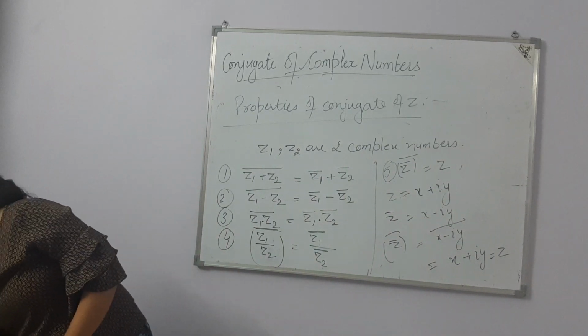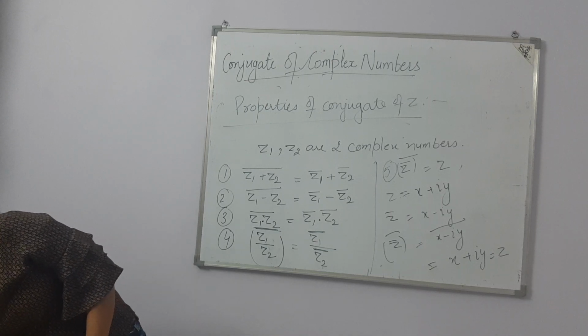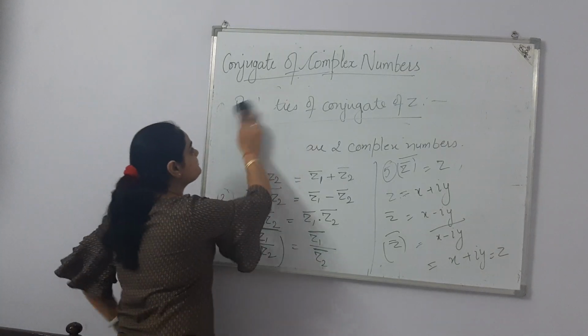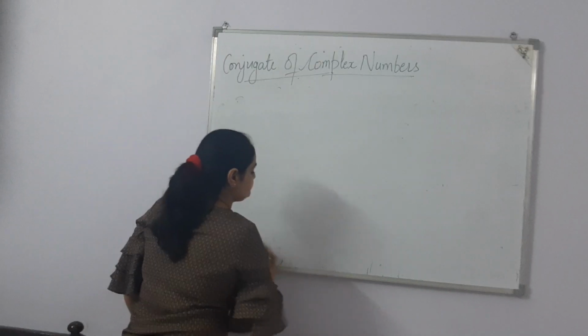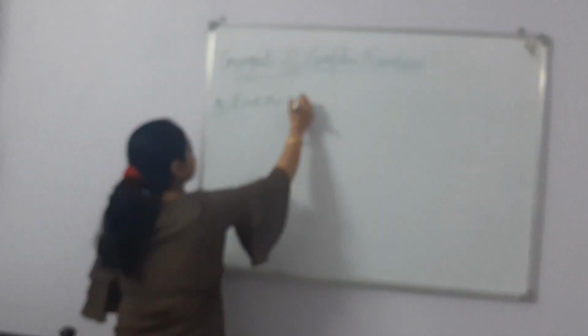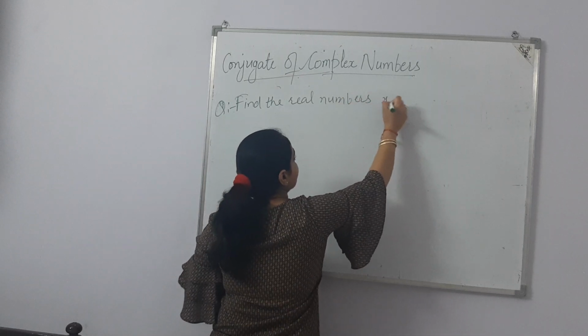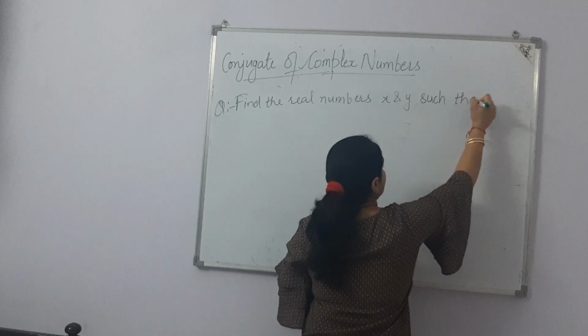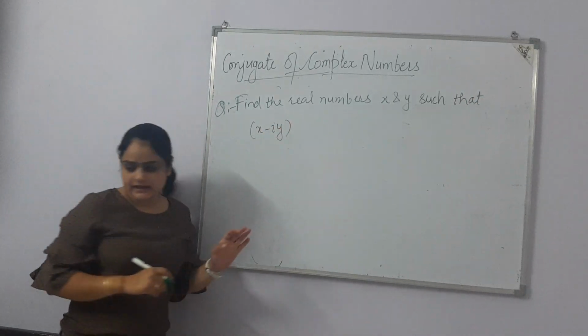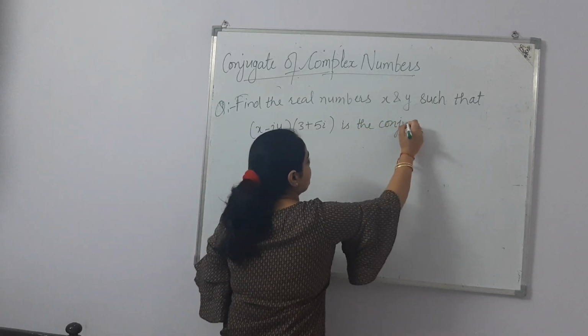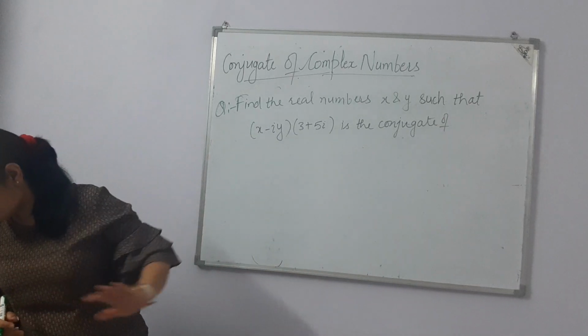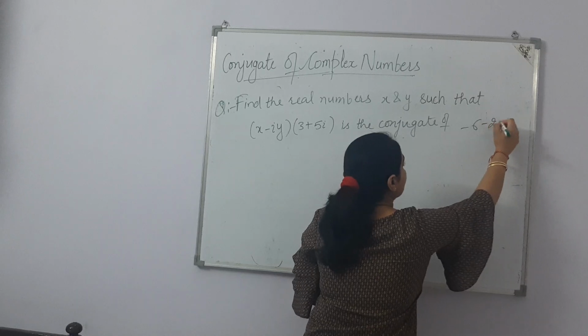Now we'll do some other questions. Find the real numbers x and y such that x minus iota y multiplied by 3 plus 5 iota is the conjugate of minus 6 minus 24 iota.